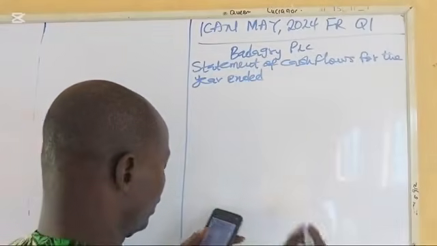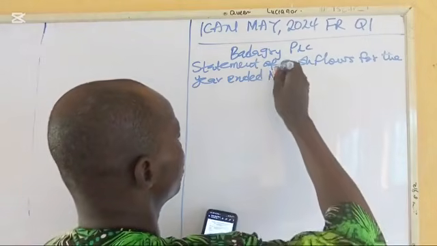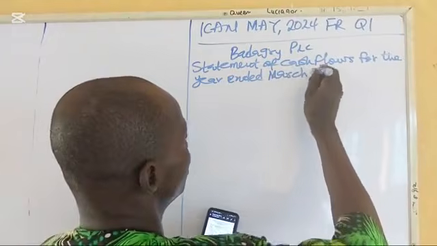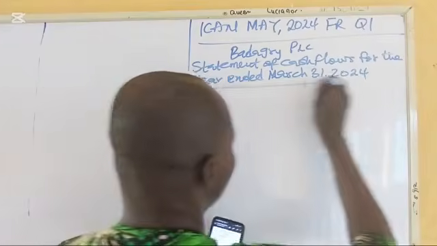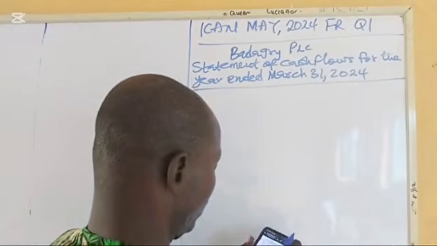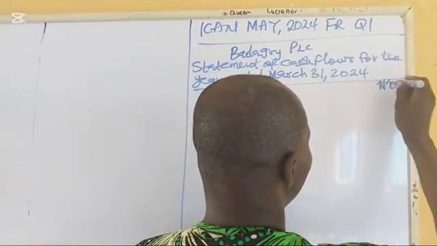The year end of the entity is March 31st, 2021. The amounts are in thousands of naira.